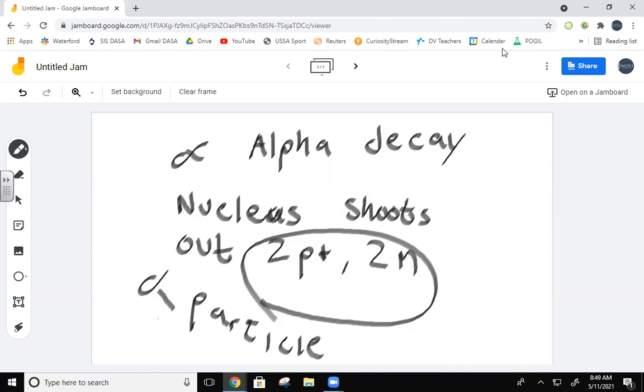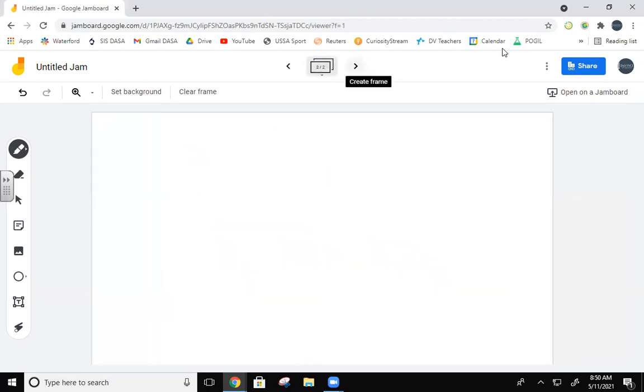An alpha particle is also just a helium atom: 2 protons, 2 neutrons. So what happens is the atom shoots out 2 protons and 2 neutrons, also called an alpha particle.